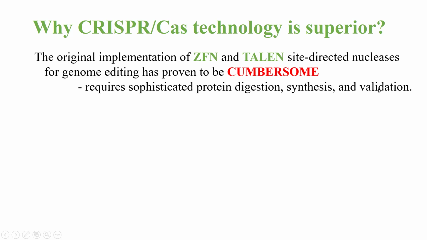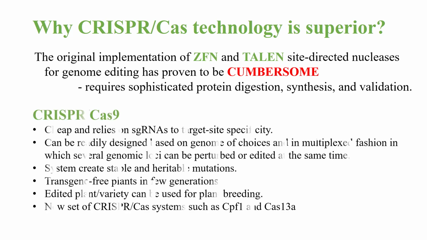If you want to learn more about ZFN and TALEN, you can find lots of literature on different websites, even Wikipedia. You can see how complicated. Several organisms or cell lines have been successfully edited by ZFN and TALEN, but it is not user friendly.